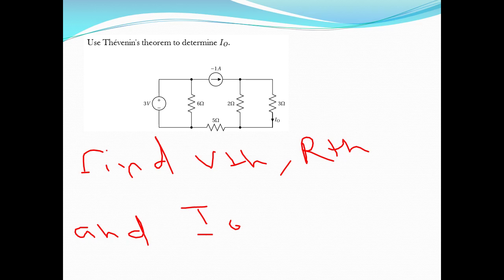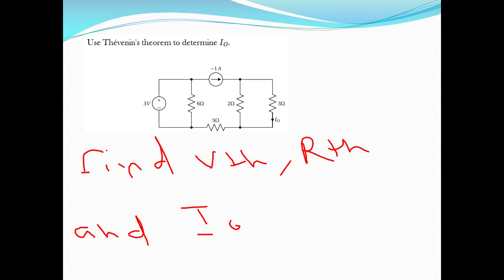So during this process we have to remember that a voltage source is replaced by its internal resistance, which means the internal resistance of a voltage source is 0. So a voltage source is always short circuited and a current source is always open circuited.